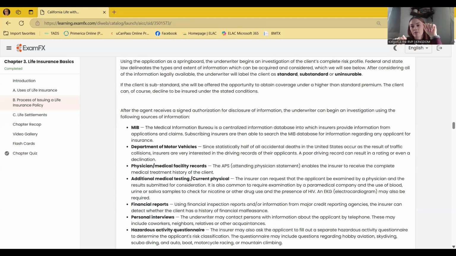So substandard risks and uninsurable people. There's also preferred risks. So I'm going to go over those really quickly. The first one we'll go over is the highest. Preferred people are going to be your very healthy people. They are the ones that get a lower discounted rate based off of their age, their weight, their health overall.